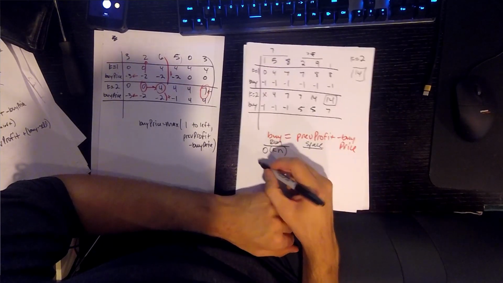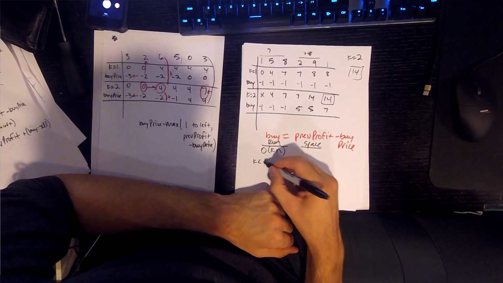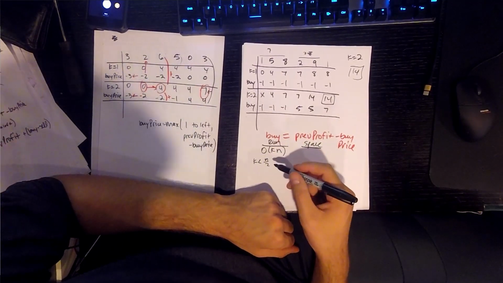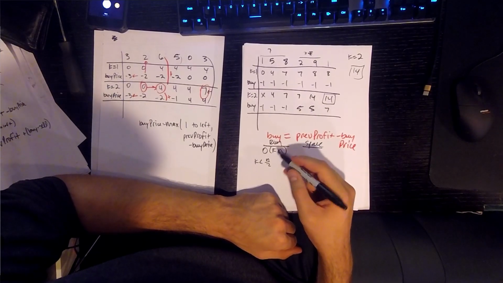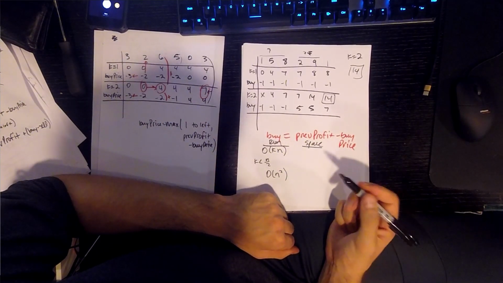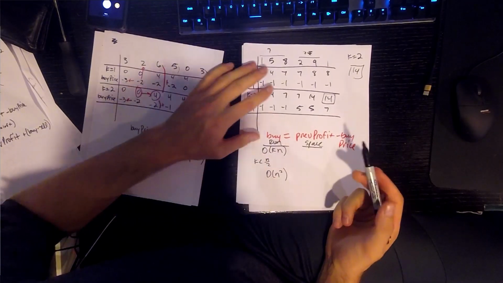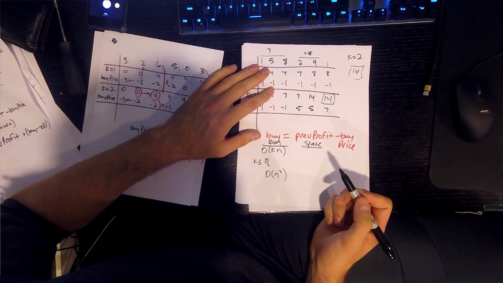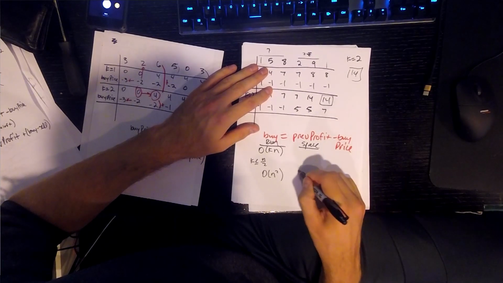And because k is less than n over 2, we're going to say this is O of n squared, if that's the way you would like to do it. In terms of space, it's also n squared.